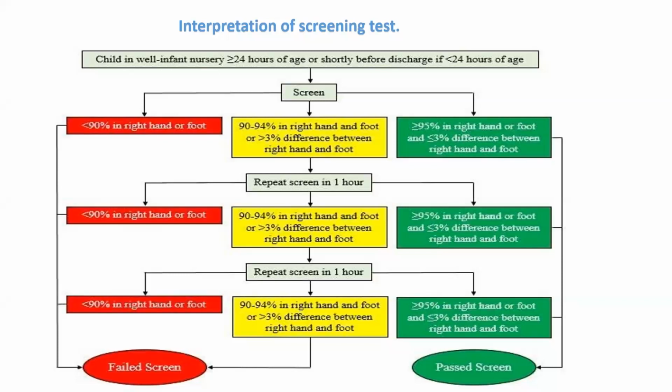But of course, if saturation is above 95% at any point, and the difference between the preductal and postductal saturation of oxygen is less than 3%, then that neonate has passed our screen and can be safely discharged home, of course, with the mother.